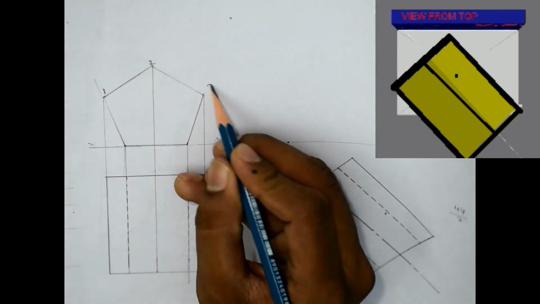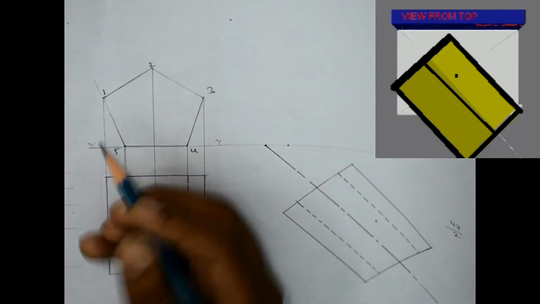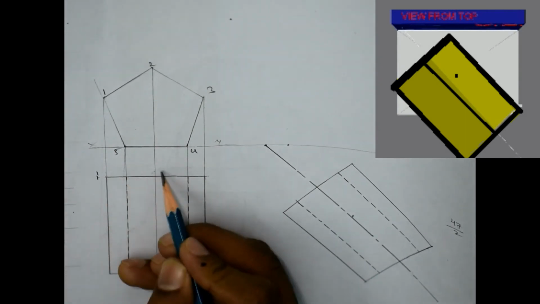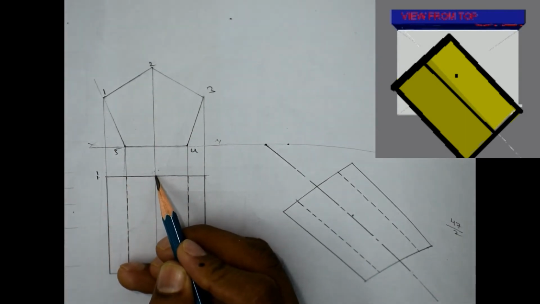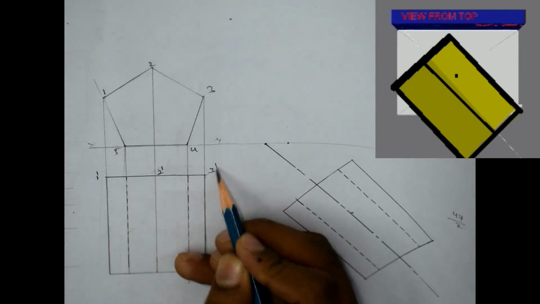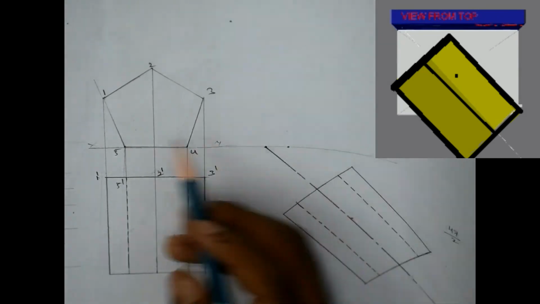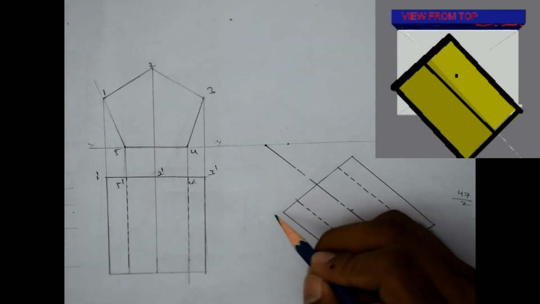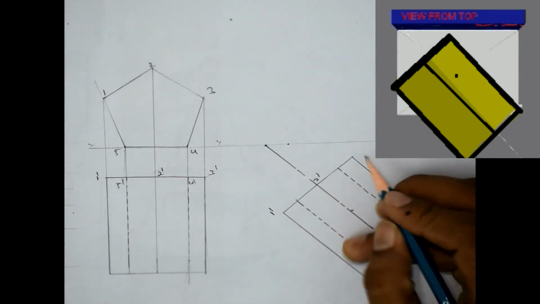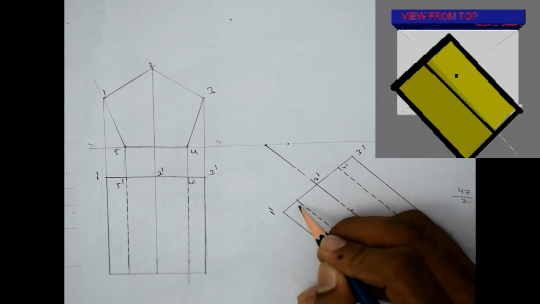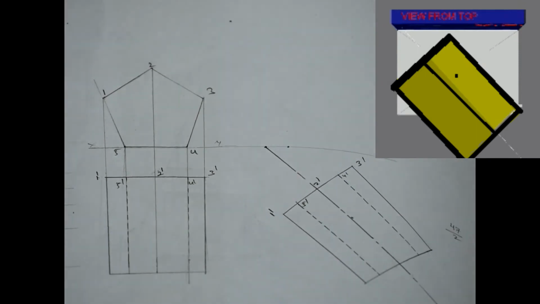Now I will mark some points: 1, 2, 3, 4, 5, which means that this is 1 dash, 2 dash, 3 dash, 4 dash, and 5 dash.